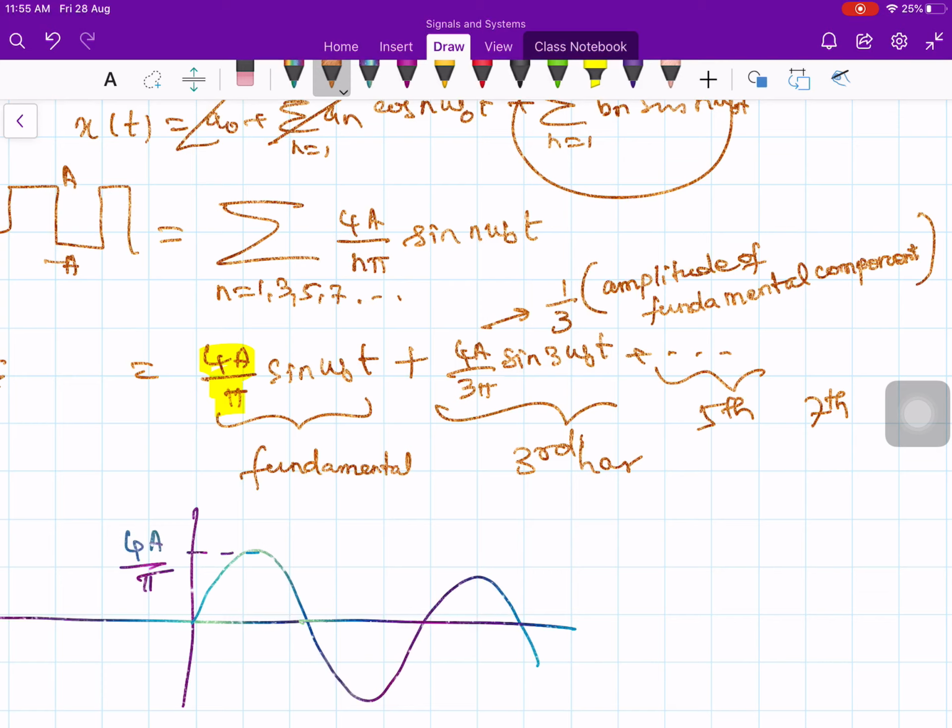The amplitude of the third harmonic is nothing but 1/3 of the amplitude of the fundamental component.